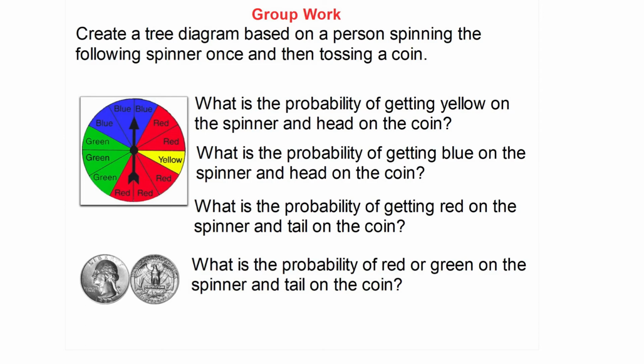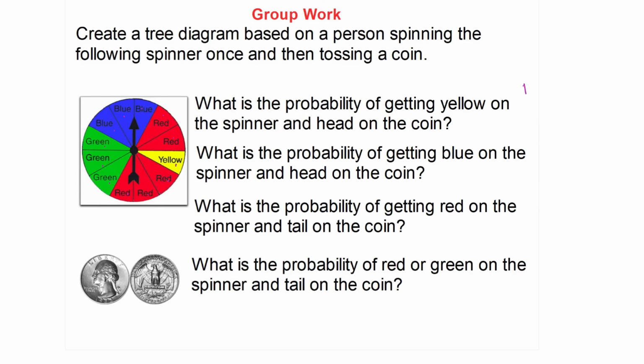All right, this last piece, create a tree diagram based on a person spinning the following spinner once and then tossing a coin. What is the probability of getting yellow on the spinner and heads on the coin? Well, on this spinner, we have a total of 1, 2, 3, 4, 5, 6, 7, 8, 9, 10, 11, 12 spots. And in those spots only 1 of them is yellow.